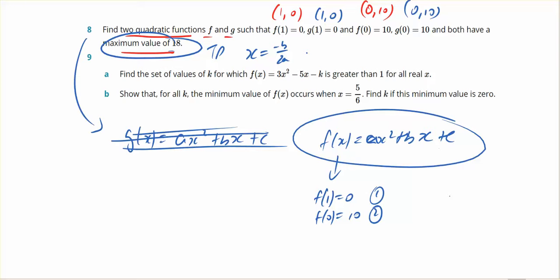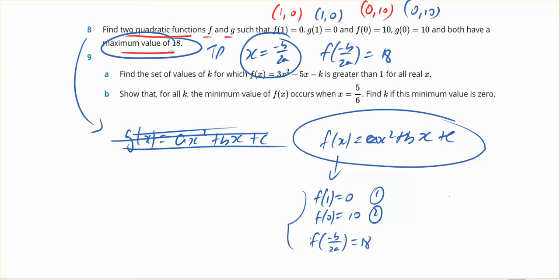Since it's minus b over 2a, if I substitute this into f, I know the corresponding y value will be 18. So your third equation, and I know this is very tricky, will be f of minus b over 2a equals 18. And I'm going to solve these simultaneously on the calculator.